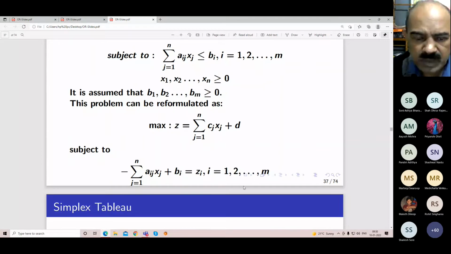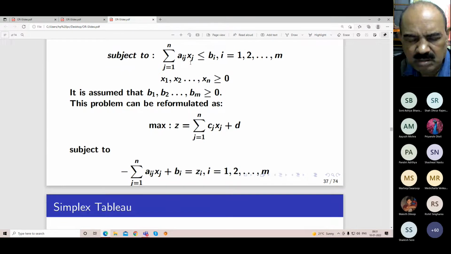You can see here summation over j varies from 1 to n of aij xj less than or equal to bi. So technically for this, we have to add slack variables. Yes or no?